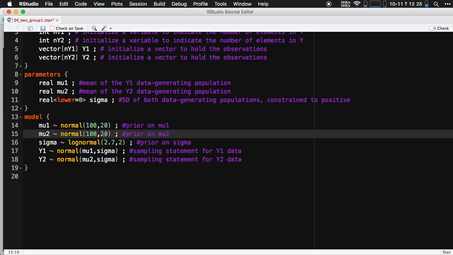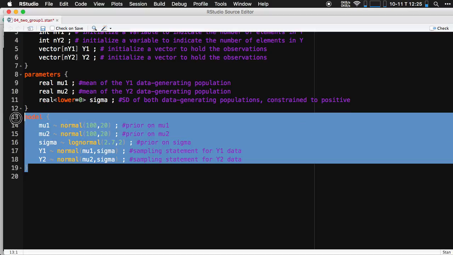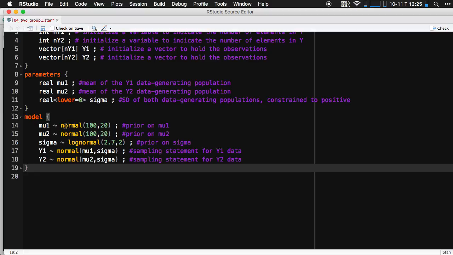So fairly broad normal distributions, but peaked at 100 for both of them. So the prior is implicitly saying that there's no difference between these two groups at the outset, and we're going to update that prior with data and then ask, has the posterior for these two means diverged, or have they stayed centered on the same values?